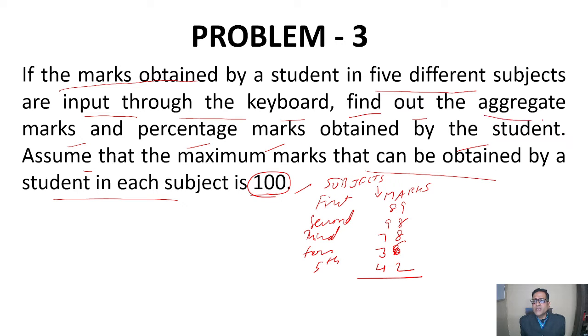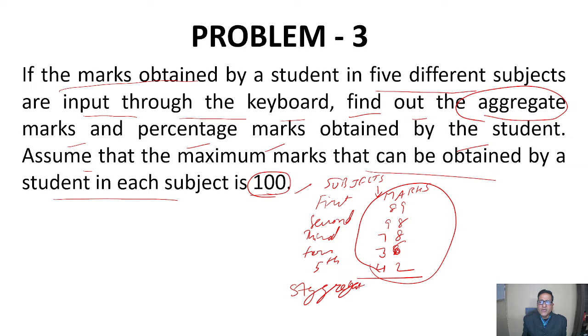Find the aggregate marks. Aggregate marks are the total of these marks. We have to find the sum of these to find the aggregate marks, so you have to add these 5 subject marks. After that he is asking for the percentage marks.